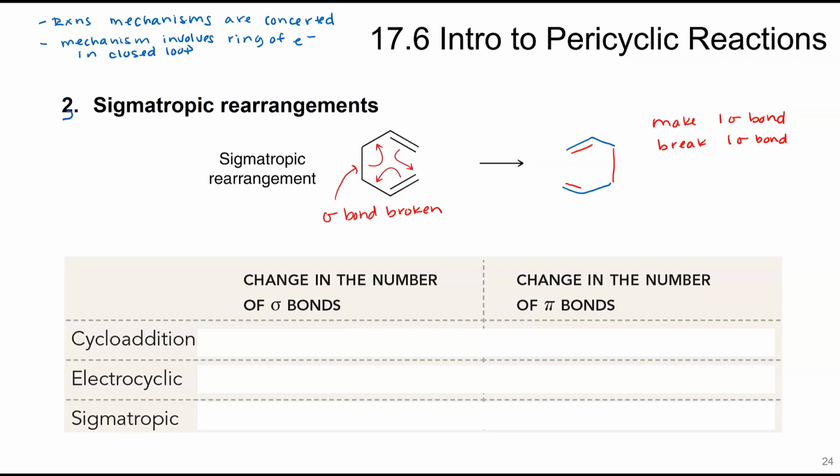And the transition state is cyclic. These are characteristics of pericyclic reactions.